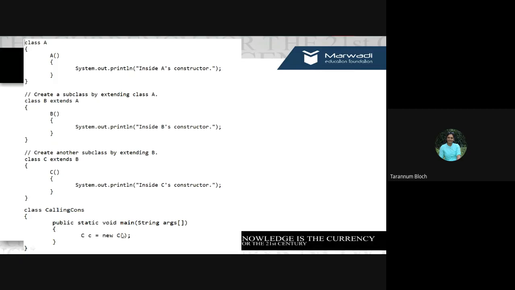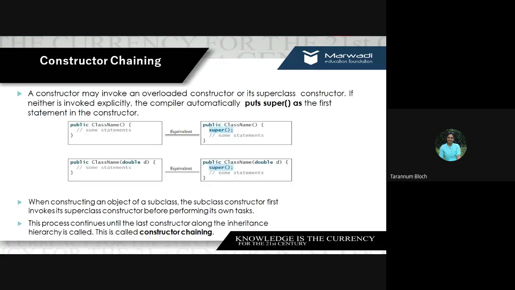Class A is the grandparent class, class B is the parent class, and C is the child class. Now what happens when you invoke the child class, which has a parent class and a super parent class, or you can say a grandparent class?